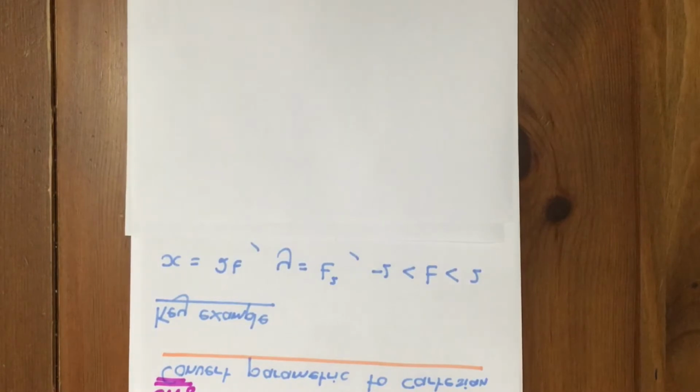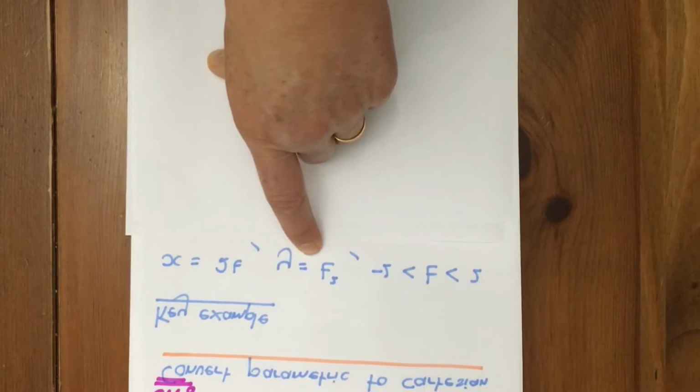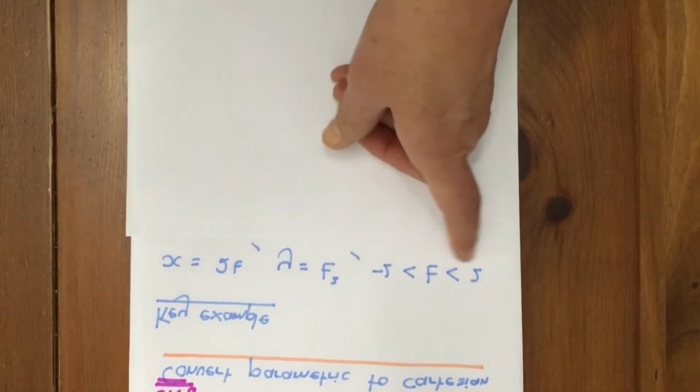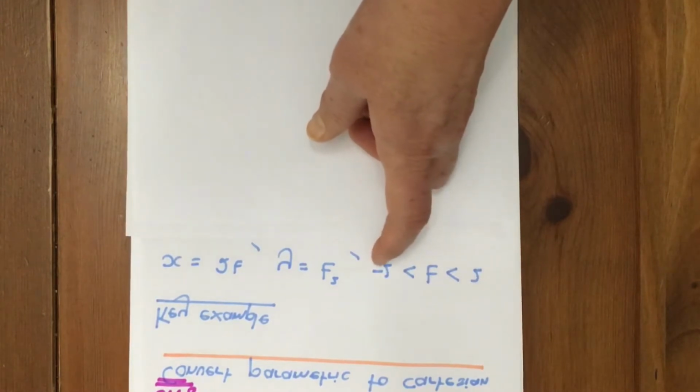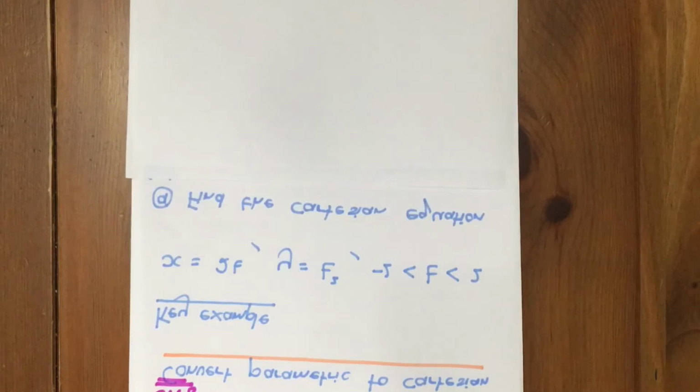So if I've got this equation for x and this equation for y, and this is the range that t can take, so t is between -2 and 2, I'm going to see what the Cartesian equation of this looks like.